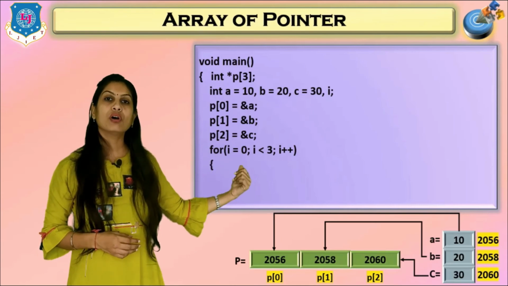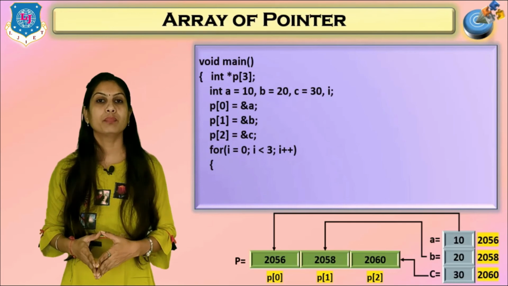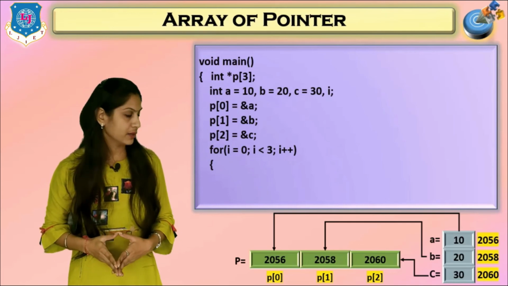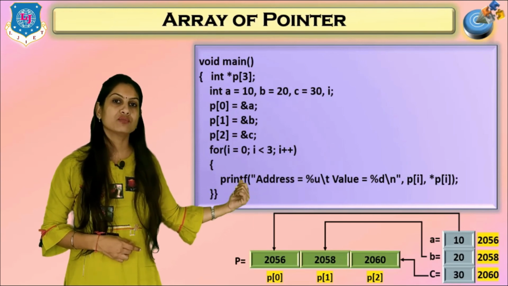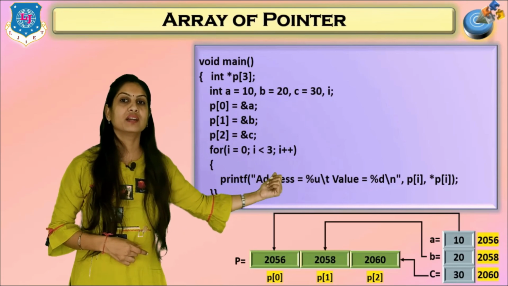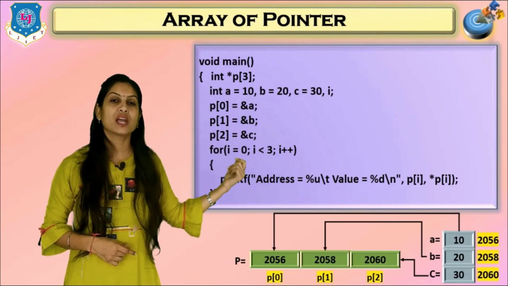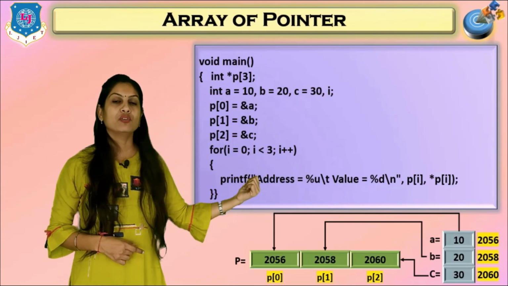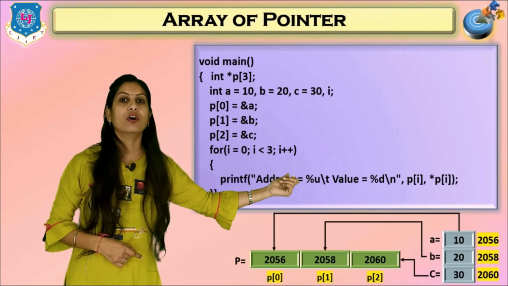I starts with 0, i < 3, i++, and inside it we are writing the printf statement like address is = %u. For address we have to use control string %u, and for value %d. First is for address, so simply we have to write p[i], and for value we have to put star before it, so we write *p[i].